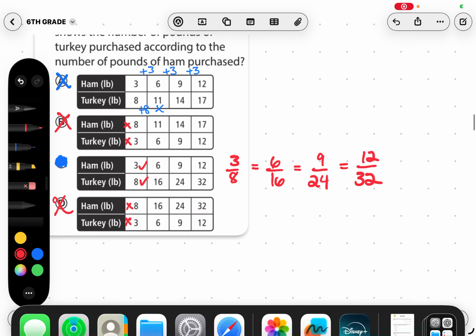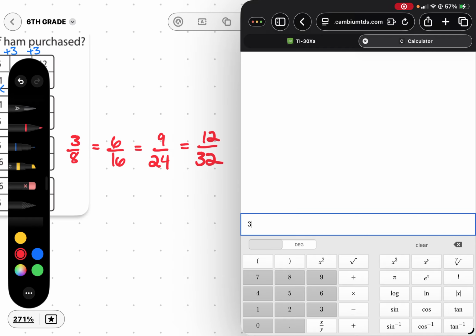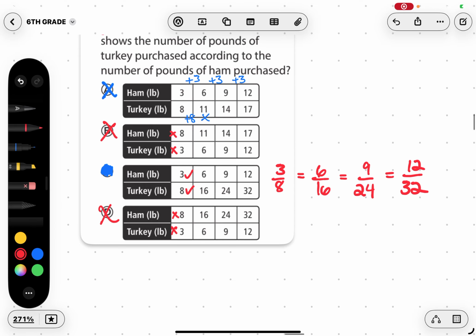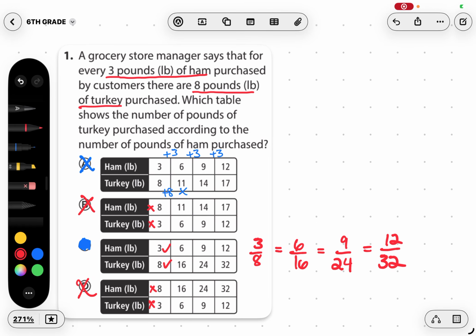So if we go to the calculator and just type those in, 3 divided by 8 is 0.375. 6 divided by 16, same thing. 9 divided by 24, same thing. And then if we do 12 divided by 32, we also get the same thing. So you see all of these fractions are actually equal to each other. So that's another way to confirm that C is the best answer, okay?